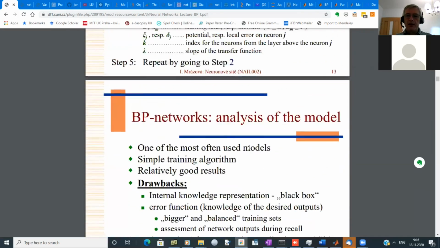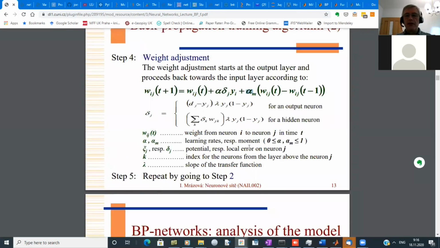And for the adaptation, we use the following formulas for computing delta sub j. There is one important thing.